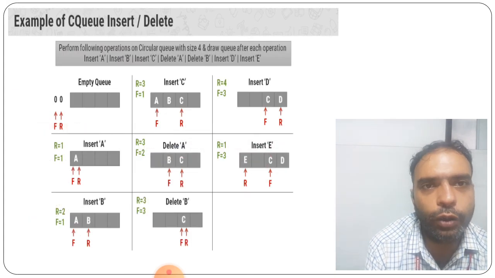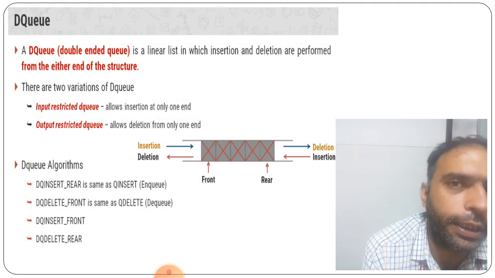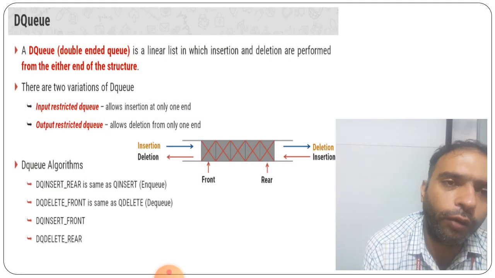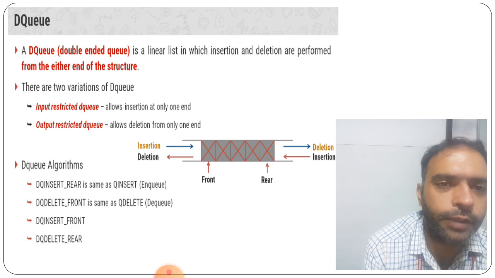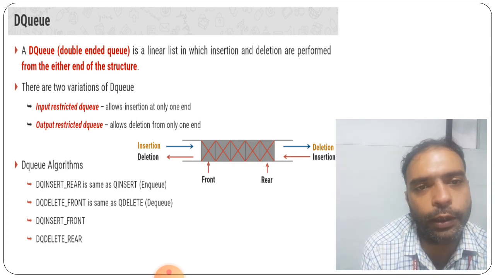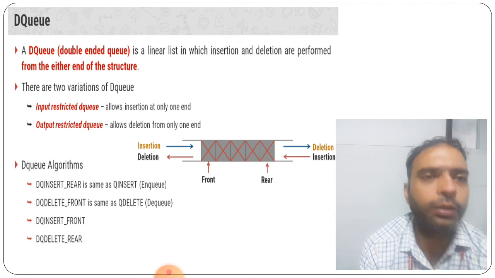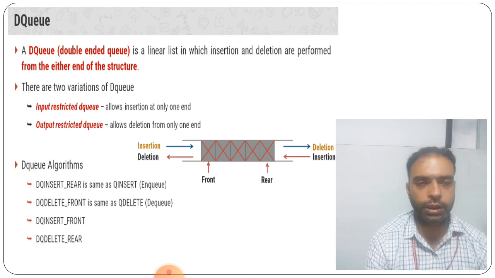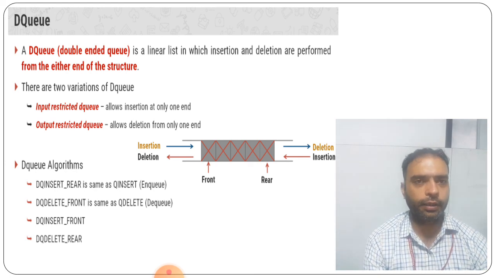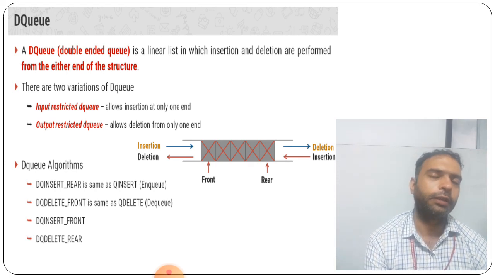So that is the DQ part, so that I will explain in the next. So that is solving many other problems that we have given as a limitation in the simple Q, we can say.